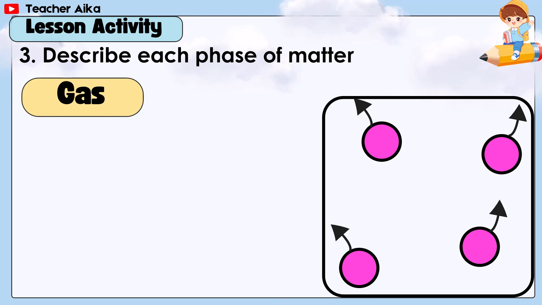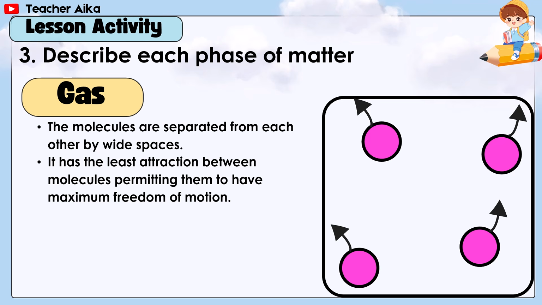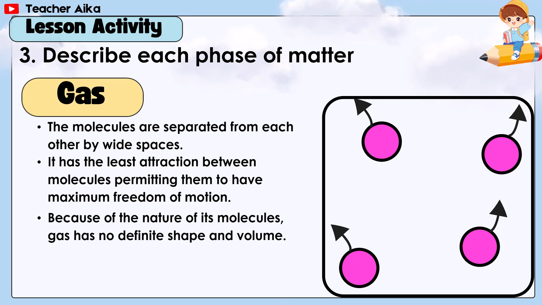The third one is gas. The molecules are separated from each other by wide spaces. It has the least attraction between molecules, permitting them to have maximum freedom of motion. Because of the nature of its molecules, gas has no definite shape and volume.